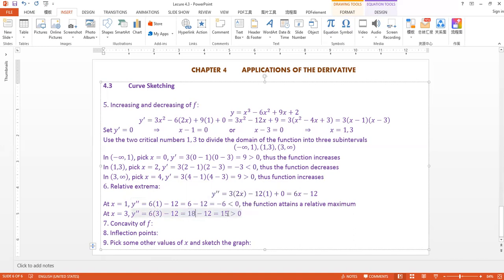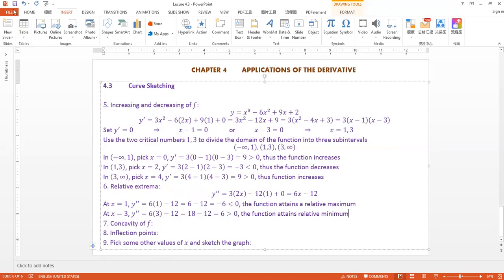So when x equal to 1, we get a negative number for the second derivative, so the function has a relative maximum at x equal to 1. And at x equal to 3, the second derivative is 6 times 3, which is 18, minus 12 is positive 6. So that's positive, so the function has a relative minimum.